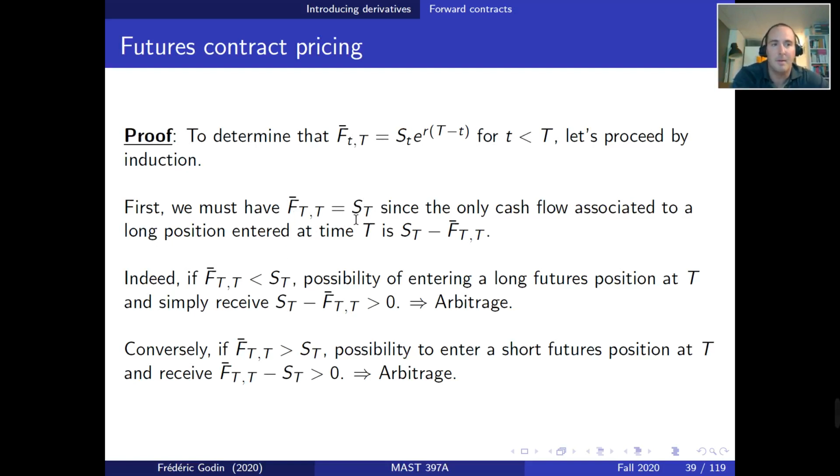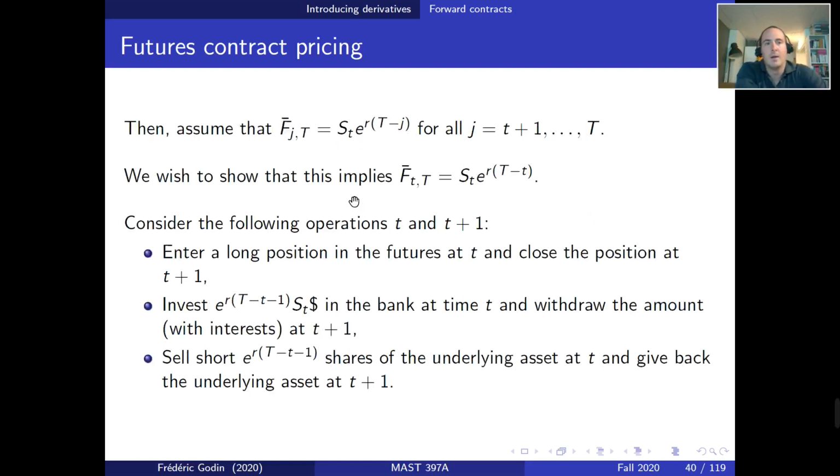But what happens for prior dates? This is where we're going to use induction. We're going to assume that at time j, F̄_j, the futures price at time j, is equal to S_j times exponential of r(T−j).